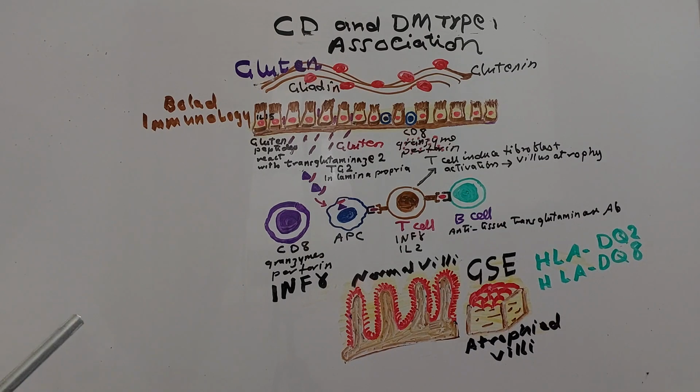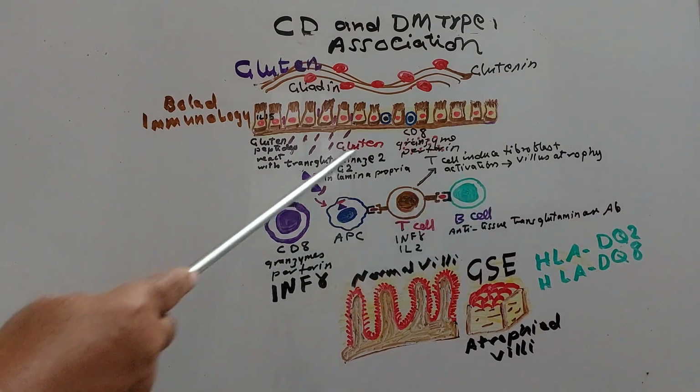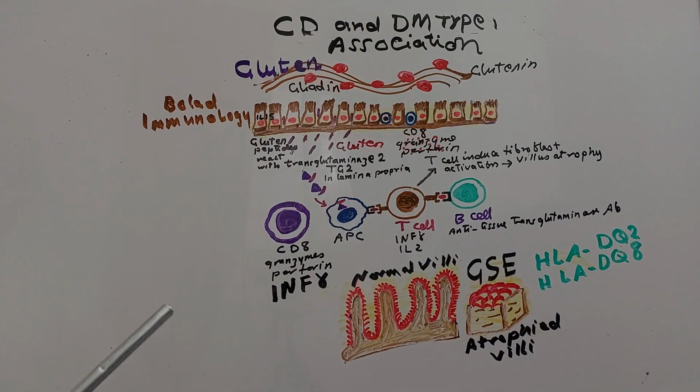As you know, celiac disease is an autoimmune disease caused by ingestion of gluten in genetically susceptible individuals and characterized by autoantibodies. However, besides the antibodies, it is also a T cell disease.